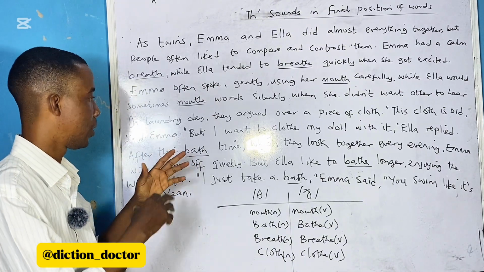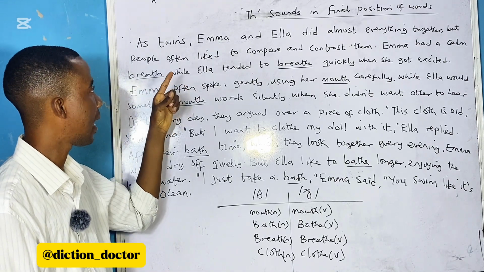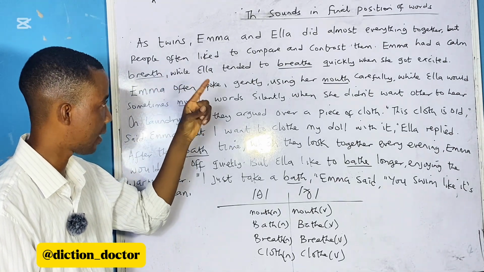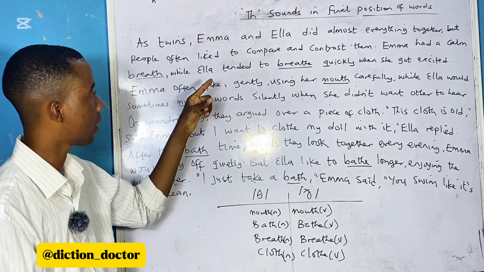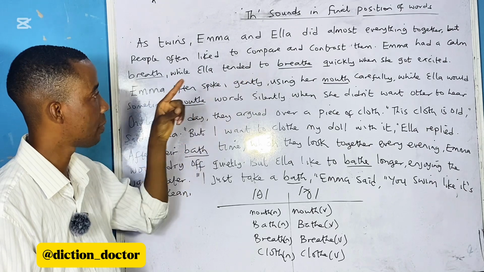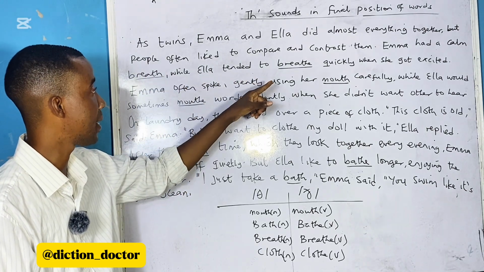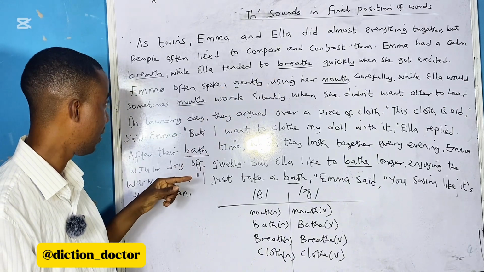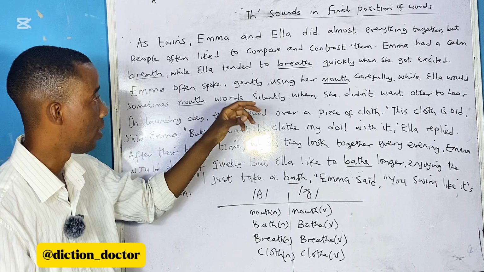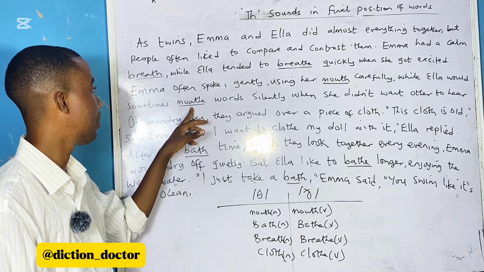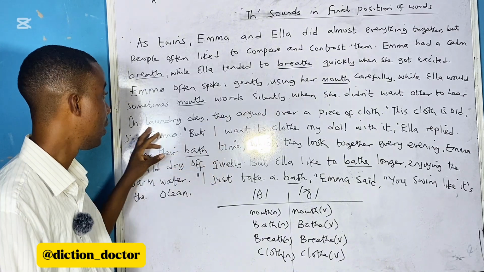All right. So take a look at the passage. Let's read it again one more time. As twins, Emma and Eller did almost everything together, but people often like to compare and contrast them. Emma had a calm breath, while Eller tended to breathe quickly when she got excited. Emma often spoke gently, using the mouth carefully, while Eller would sometimes mouth words silently when she didn't want others to hear.